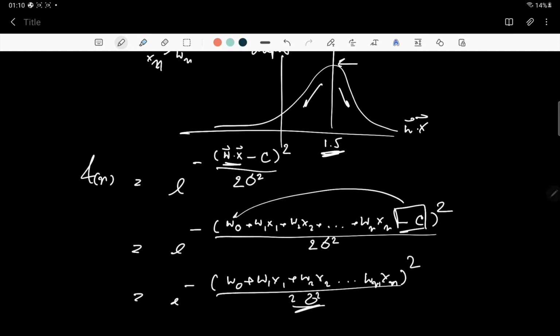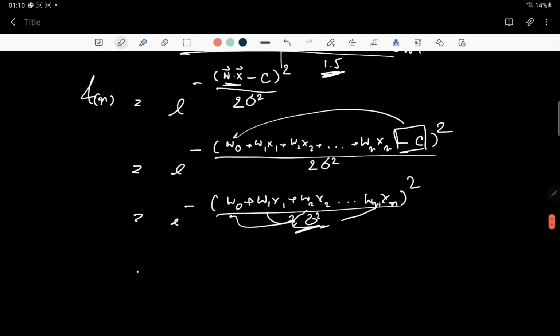And this one is also a constant, right? So it can be any constant. So the simplest term of the Gaussian function, when you use it with w dot x, will be w dot x square.